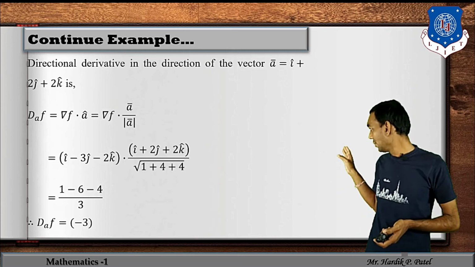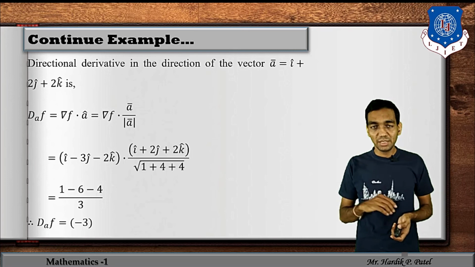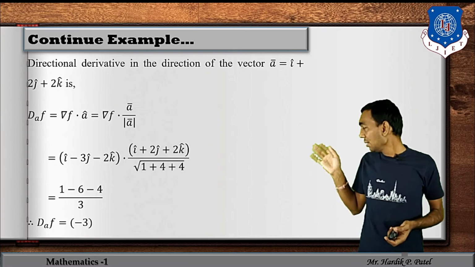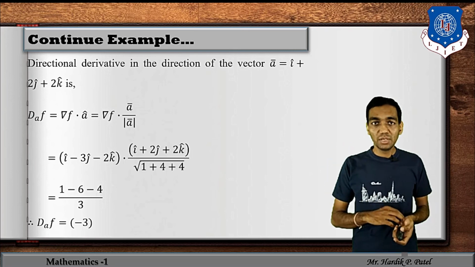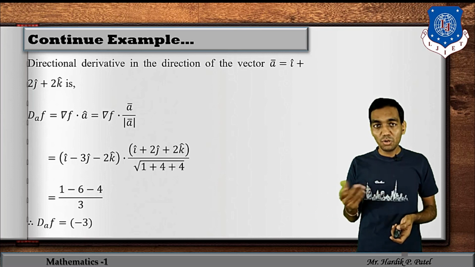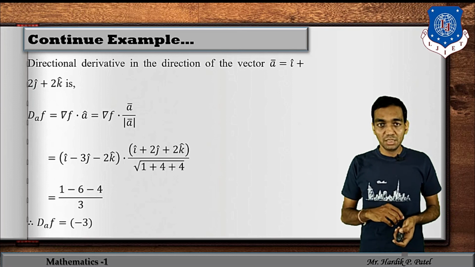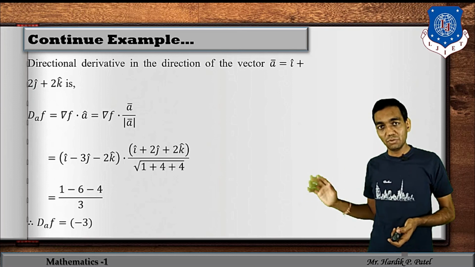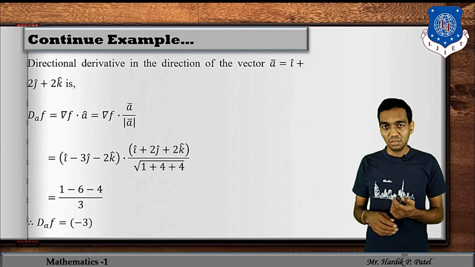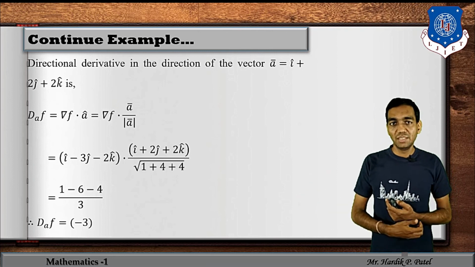Now grad f has a value i minus 3j minus 2k, and a bar is i plus 2j plus 2k divided by mod of a bar, that is the square root of 1 square plus 2 square plus 2 square, that is 1 plus 4 plus 4, and that will be 9. So root of 9 will be 3. So the denominator has a value 3.